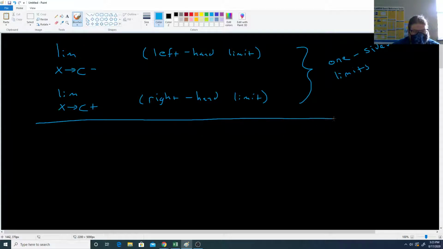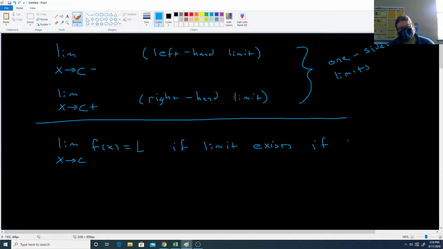When you see a two-sided limit written, which is just limit as x approaches c without anything after it, this means, if we have the limit as x approaches c of, let's say, a function f of x equals some limit, or sorry, the limit exists if both the one-sided limits exist and are equal.